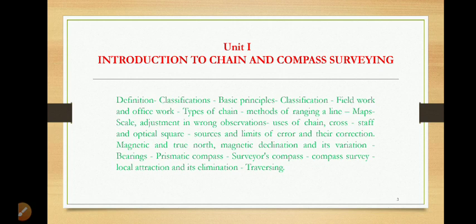Next we are going to discuss compass surveying. What instruments are used in compass survey, how to take measurements in compass survey, and what terms are used in compass survey, like magnetic north, true north, magnetic declination and dip, etc. And different types of compass are there, prismatic compass and surveyor compass.